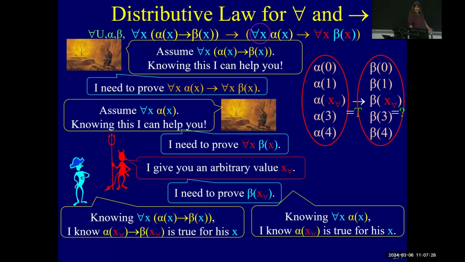And then we go to our other oracle, and this other oracle is also ready to receive something. So I give it to her, and she says, well, I know it's true for all X, so it's true for your X, right? And now I have an oracle that knows this, and I have an oracle that knows this. So I know these two things, right?